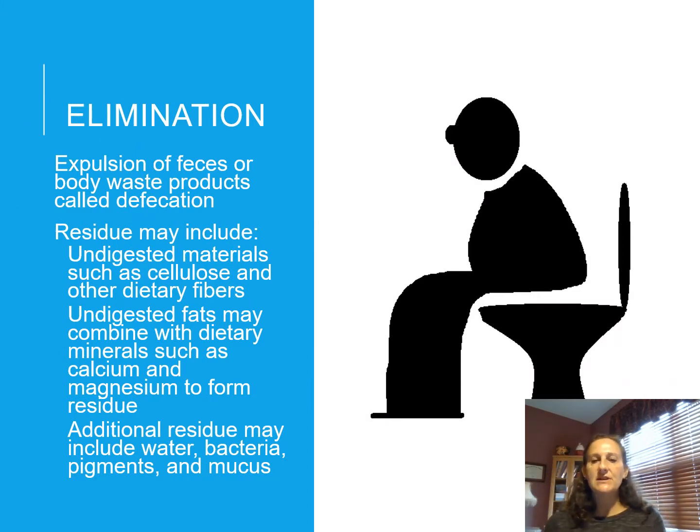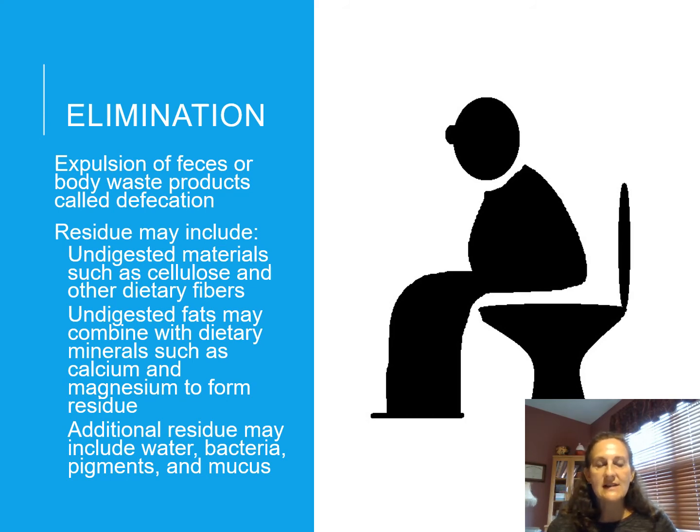So elimination, as we end the GI system, is the expulsion or defecation of feces, not only feces, but bodily waste products. So think of it as this residue. What can't be digested? Well, there are materials such as dietary fiber that include cellulose.